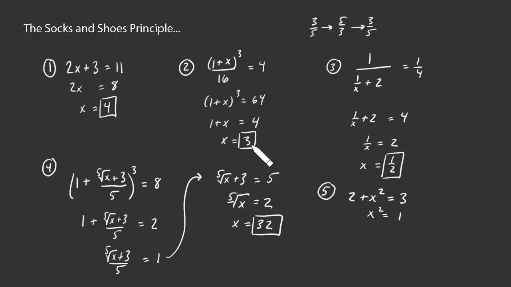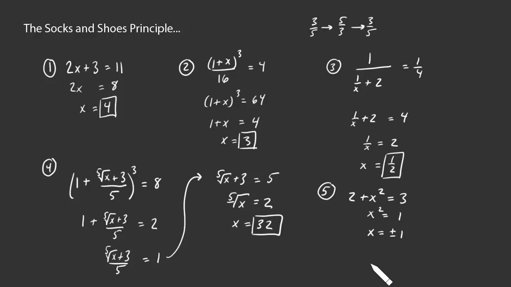Cubing, you can undo by taking cube roots. Reciprocating, you can undo by reciprocating again. Taking a fifth root, you can undo by raising to a fifth power. Squaring, there's a couple different values of x here that could work. Okay, x is either plus or minus 1. Okay, so just be aware of that.